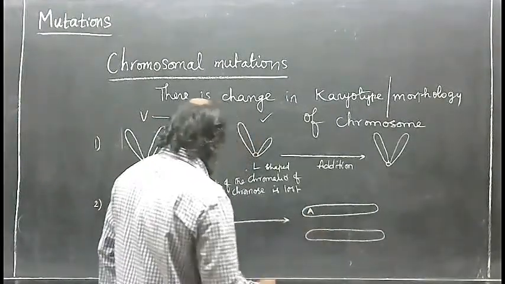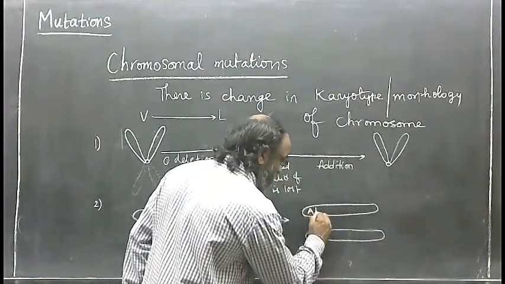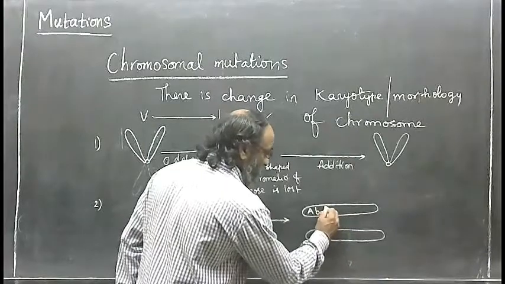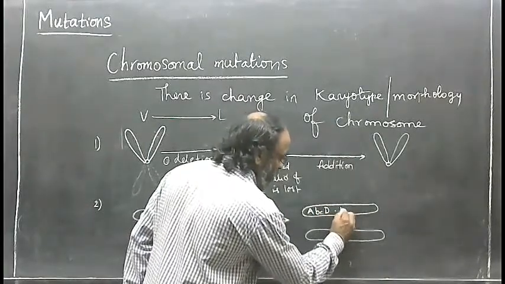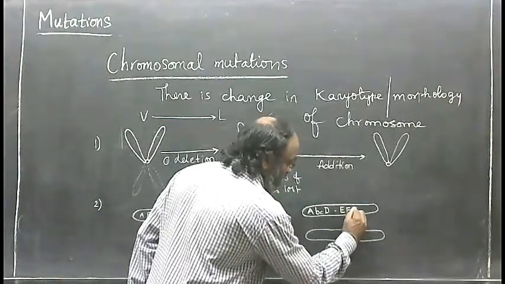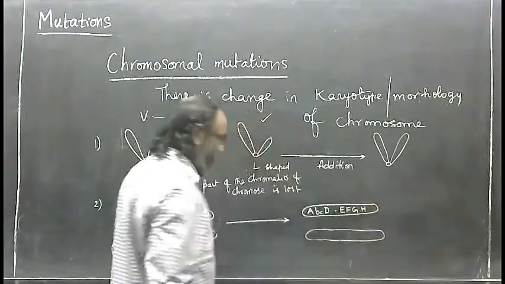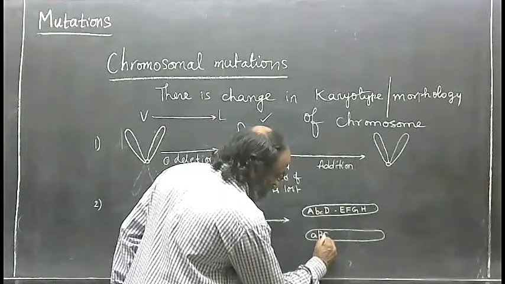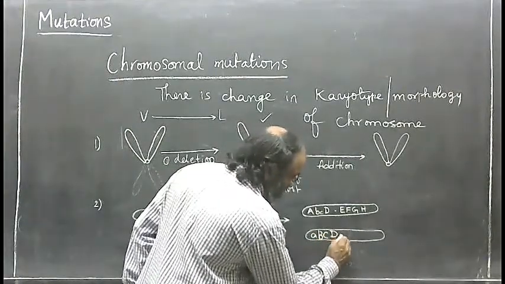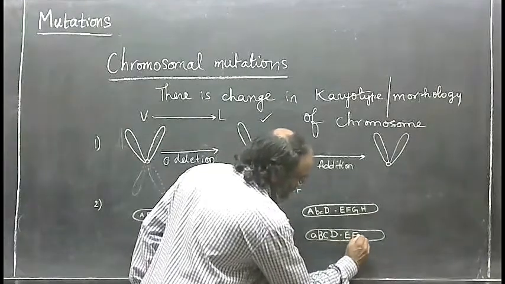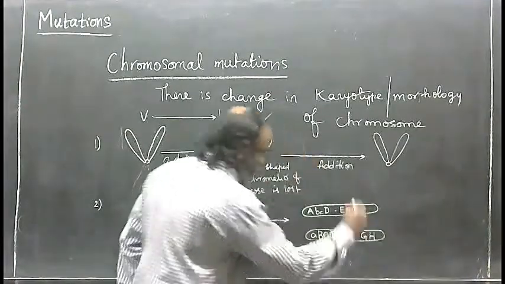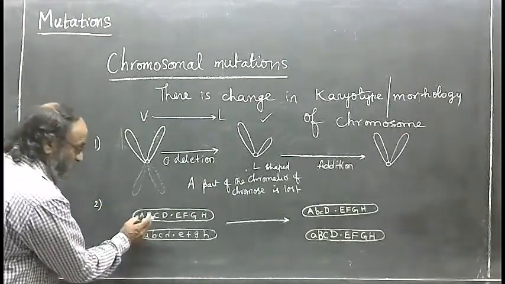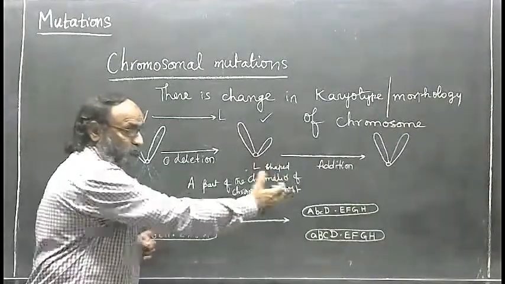A, B, C, D, E, F, G, H. A, B, C, D, E, F, G, H. Now these are the two chromosomes and different fragments of the two chromosomes. This is before mutation and this is after mutation.